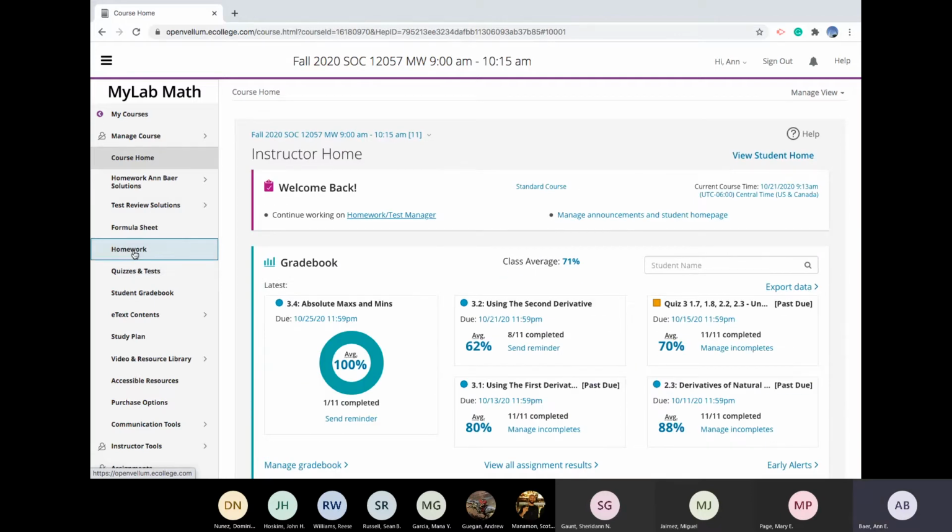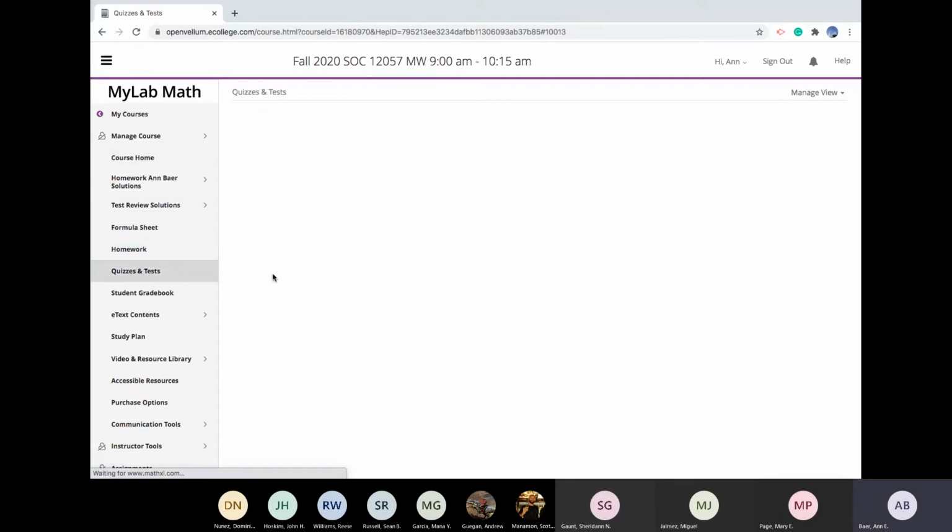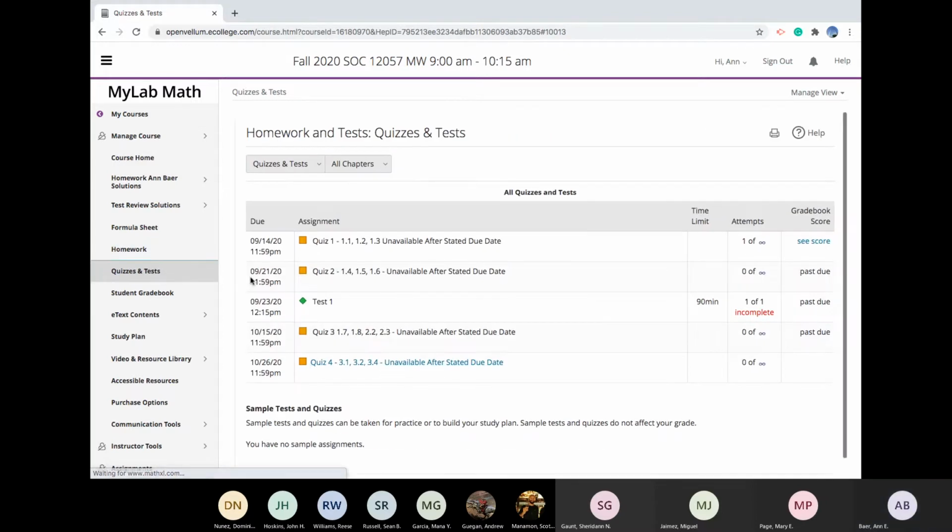Just before I do that, let me show you that I've posted a quiz under quizzes and tests. I posted quiz 4 this morning. It is due on the 26th and it's unavailable after the stated due date. That's very important, because I usually look at the quizzes when I'm creating a test to see what kind of problems I put in the quizzes.